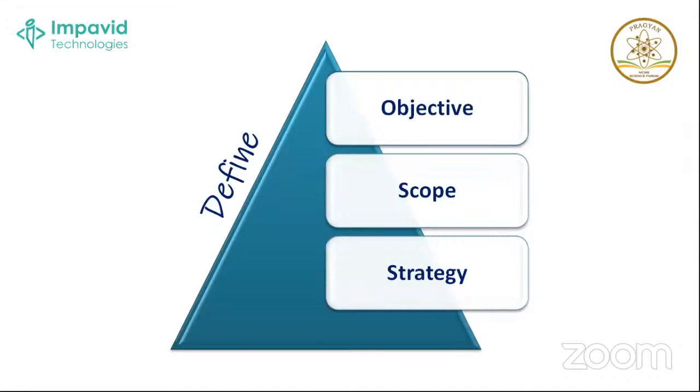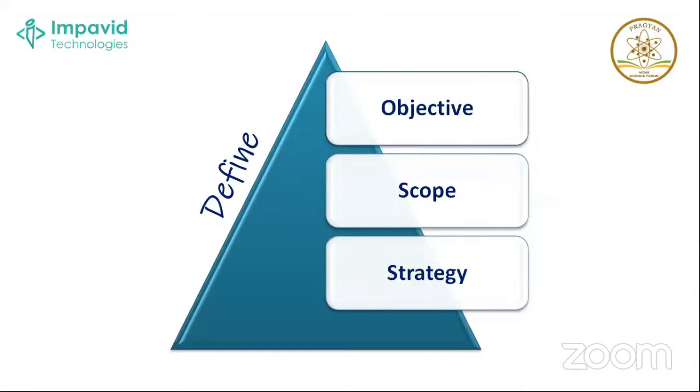See, if I'm making a movie, the first and foremost thing is I have to decide who my target audience is. That is the primary strategy. When you decide a strategy, first look into who your target audience is. Based on that, you can precisely define your objective and the scope.